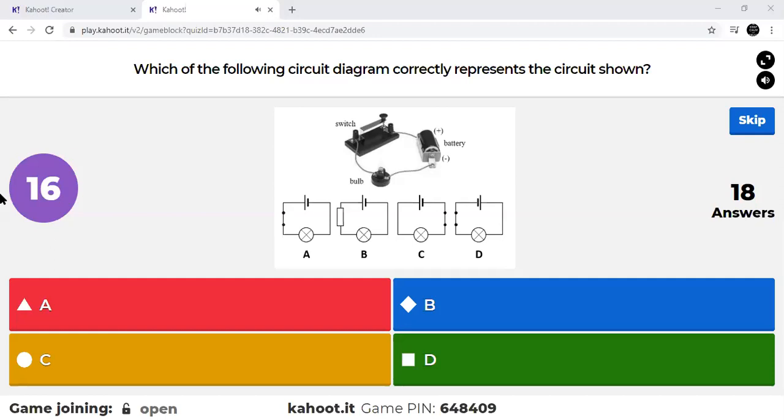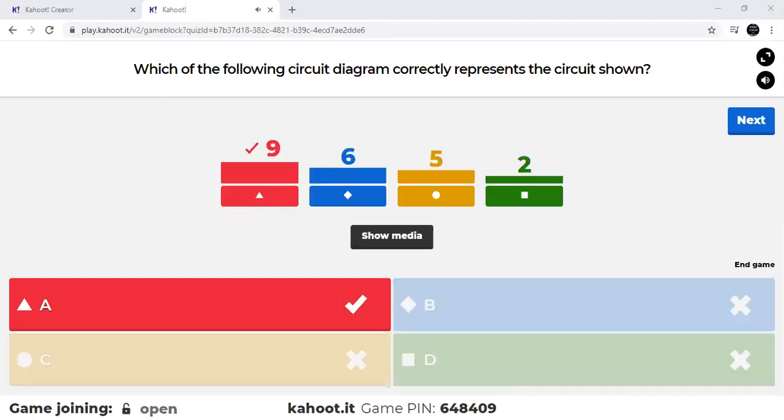About 10 seconds remaining. 2, 1. Okay, so 9 of us got it correct. Then 6, 5, 2 incorrect. Yeah.